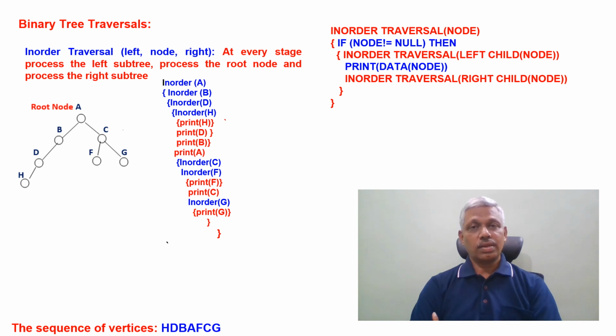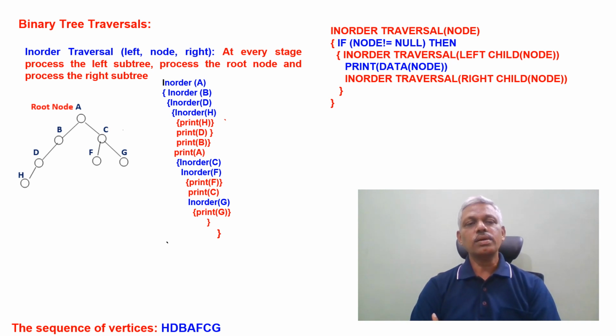Once the left child traversal is complete, we visit the node and print the value of the data of the node. Once that is done, we go to visit the right subtree, so again we perform the in-order traversal on the right child of the node. This being a recursive algorithm, it traverses through the nodes.